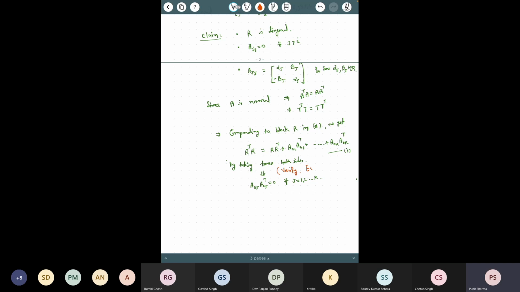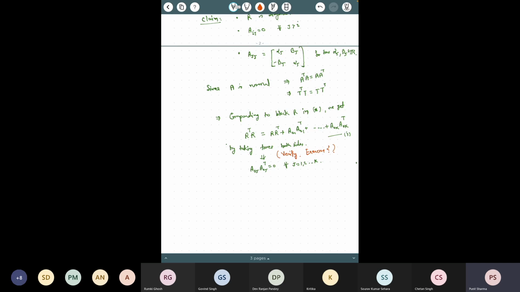Why this is so is an exercise for you. Now, if all these terms are 0 here, then from equation 1 you can say that R transpose R equals RR transpose, but R is upper triangular.